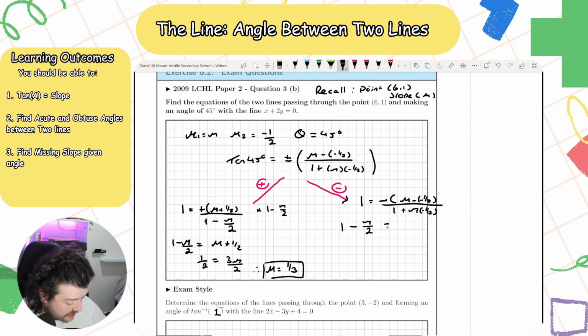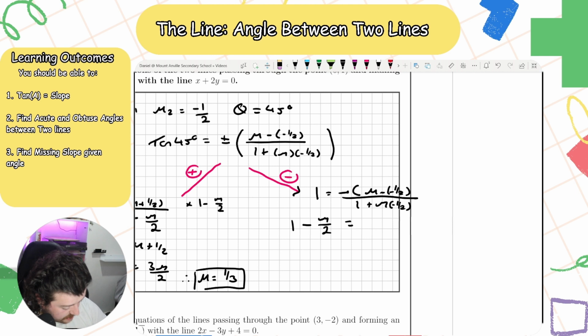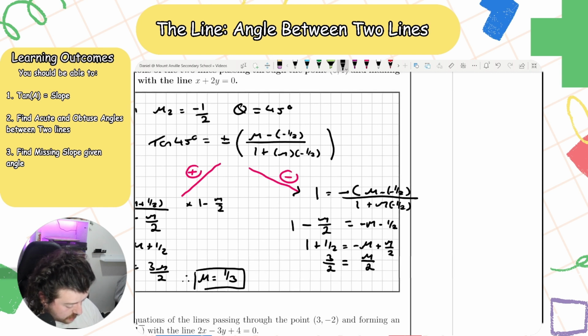That's going to be 1 minus m over 2 is equal to minus m, and this is going to be positive 1/2, but it's going to be minus, so it's -1/2 again. So minus m minus 1/2. Sorry, you probably can't see that. Bring everything over to one side. So 1 plus 1/2 is equal to minus m plus m over 2. That's going to be 3 over 2 is equal to m over 2.